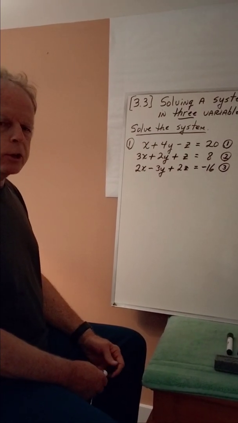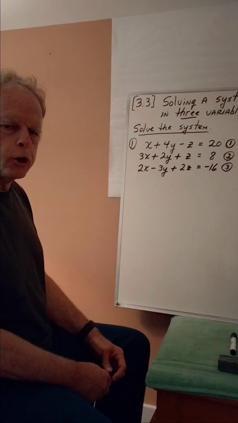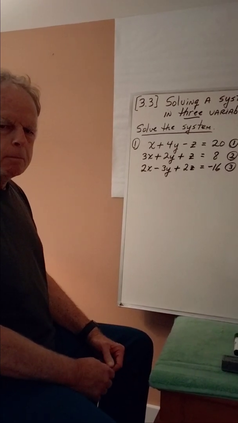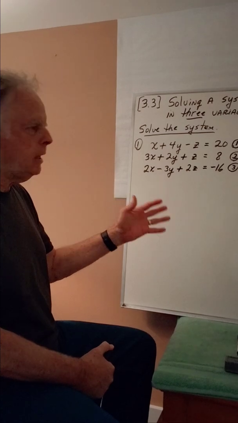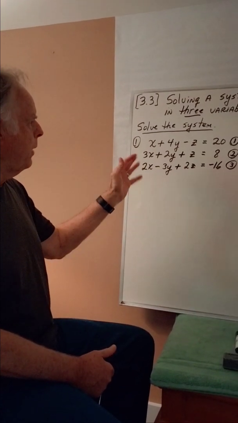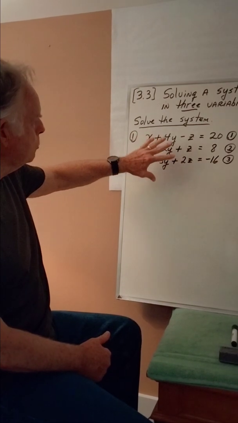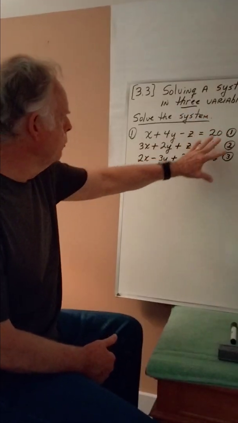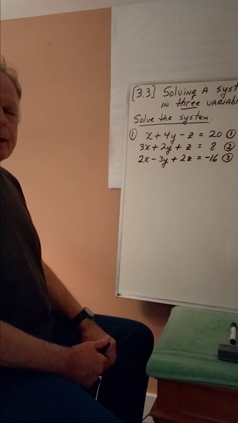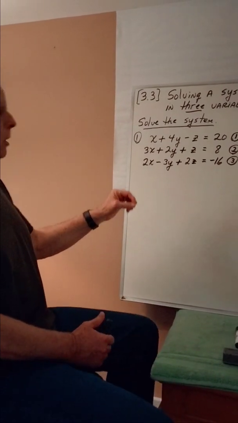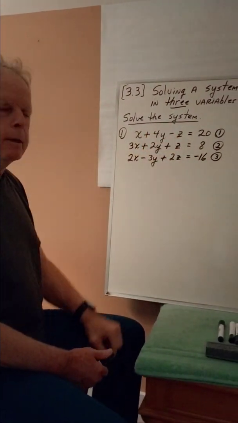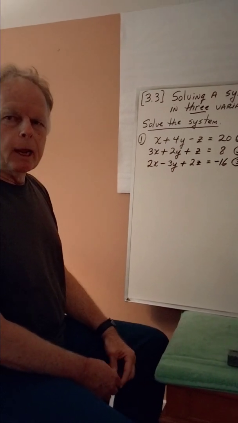And we call this solution an ordered triple because it takes three unique values of x, y, and z that will satisfy or be a solution for all three equations. And like I just said, the means of solving a system of this type, we will use elimination.